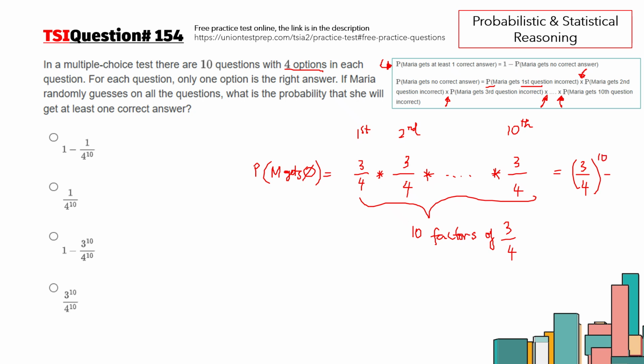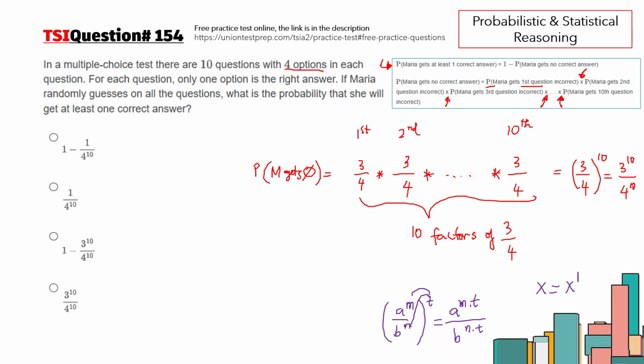Then we can distribute: 3 to the power of 10 over 4 to the power of 10. If you don't remember how to distribute, we have A over B, where A is to the power of 1. So we can say A to the power of M over B to the power of N, all to the power of T. You can distribute this as A to the power of M times T over B to the power of N times T. In this case, any number x can be written as x to the power of 1.